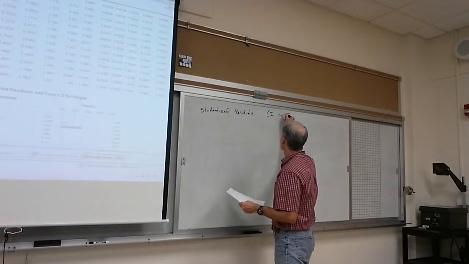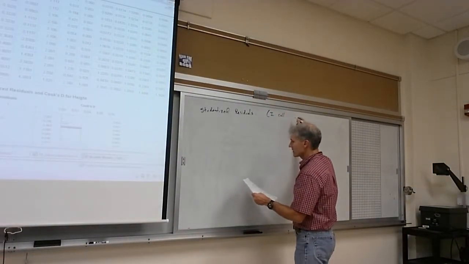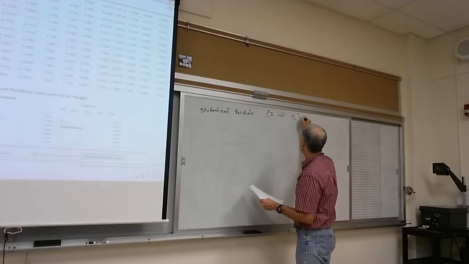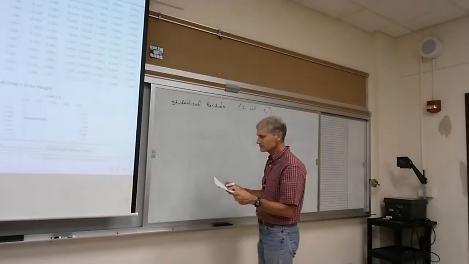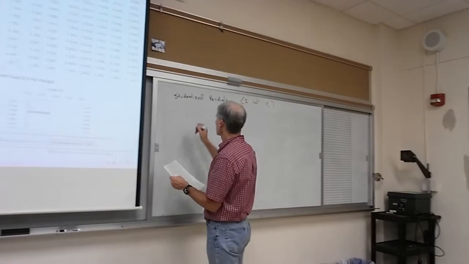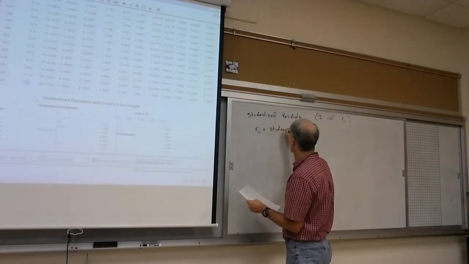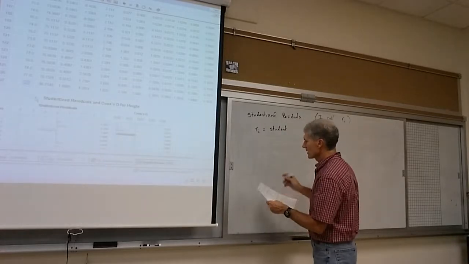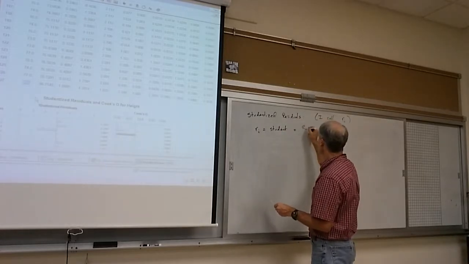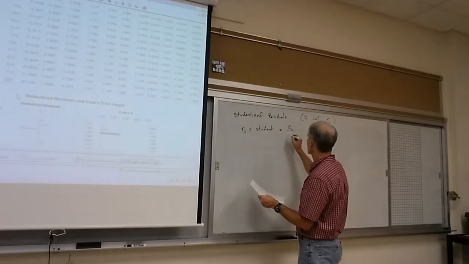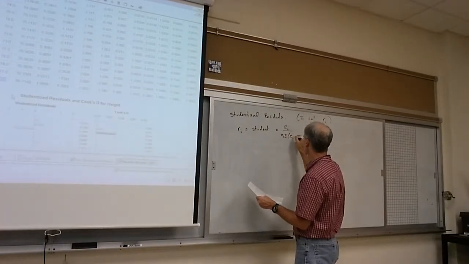I call this R sub I, equal to the studentized residual, which is E sub I divided by the standard error of E sub I.